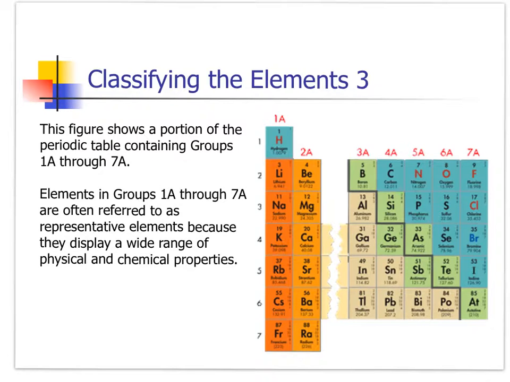We'll discuss them, but we don't really worry about them when it comes to overall trends, because some things happen in the transition metals that we would have to make exceptions for every single one. To cut down on the exceptions, we talk about the representative groups. So that would be groups 1 through 7, or A, or just 1 through 17 is another way of putting it.